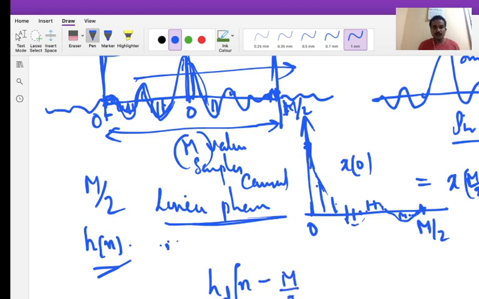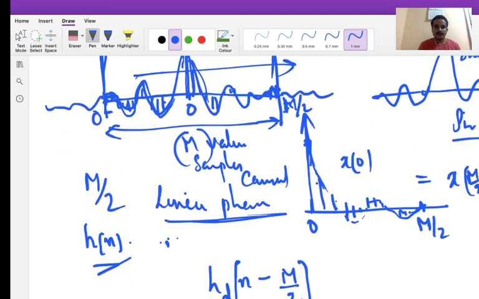Depending on the signal, whether it is odd or even, this may change a little bit, sometimes maybe m minus 1 by 2. Whatever it is, you shift it, then you multiply it with a window, you call it a window w n.